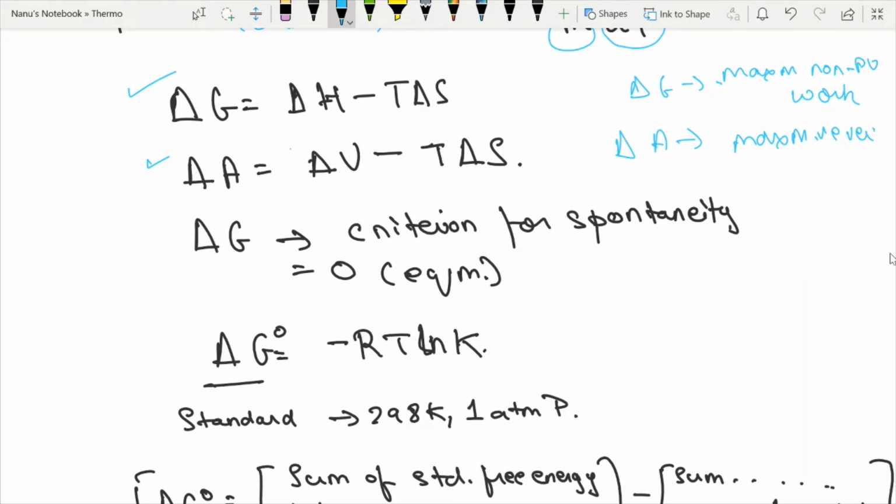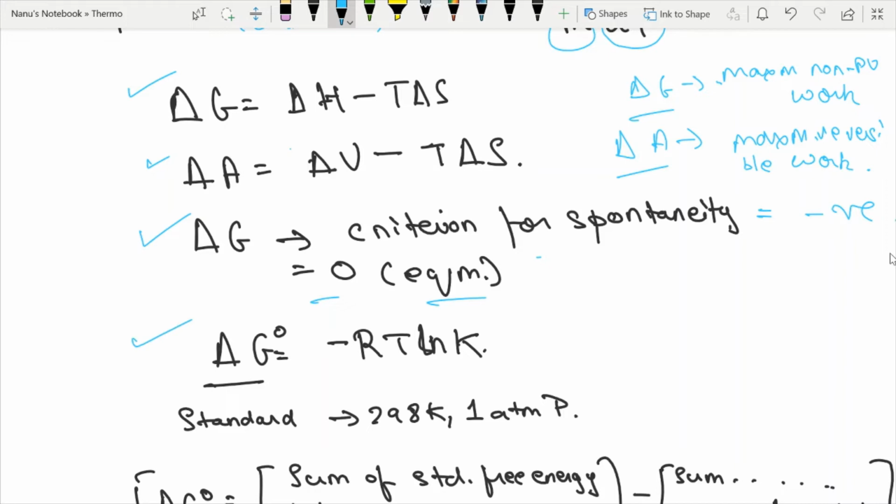Sometimes they won't give the name of the Helmholtz or Gibbs free energy, they will just say maximum reversible work or maximum non-PV work, so from that you need to know what it is, right? And del G is also a criterion of spontaneity, and it is 0 in equilibrium cases, and for a spontaneous process it is negative. You guys know this, I know.